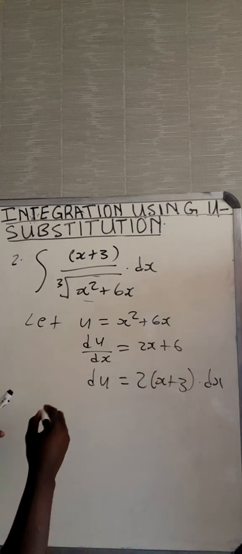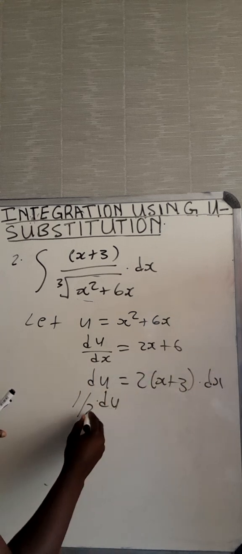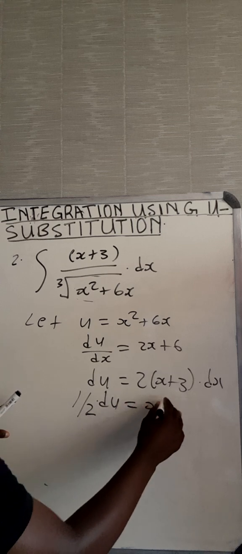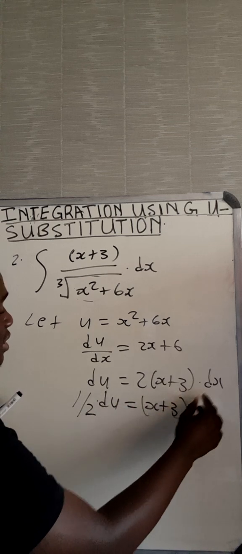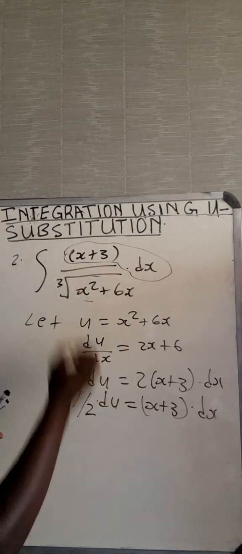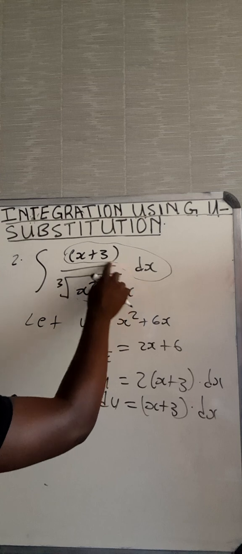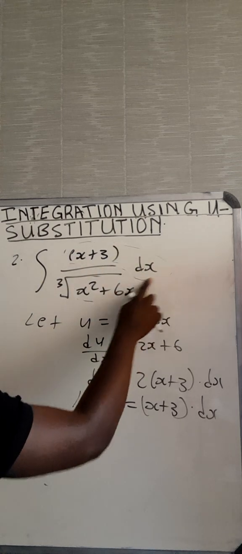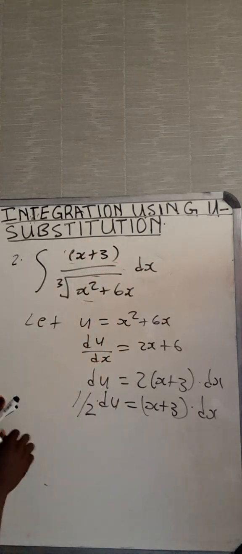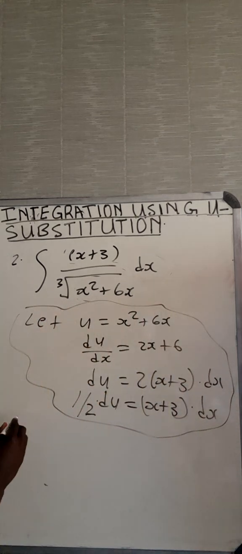When you take this to the other side, 1 over 2 du equals (x plus 3) dx. Can you see that this x plus 3 dx is here? We can substitute it by 1 over 2 du. That's what we are really doing. Now this is the transformation. Now let's solve.